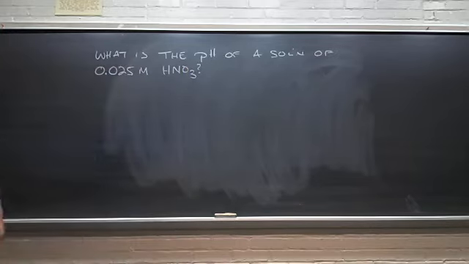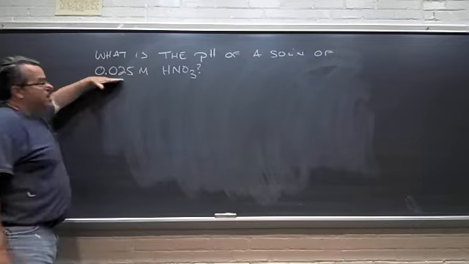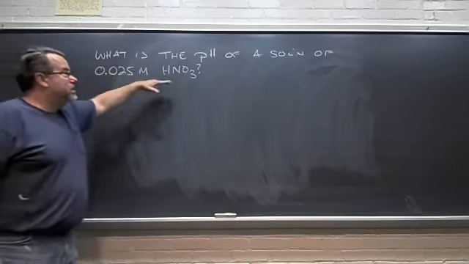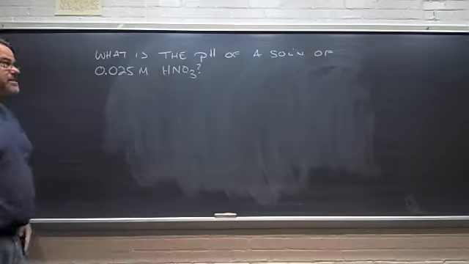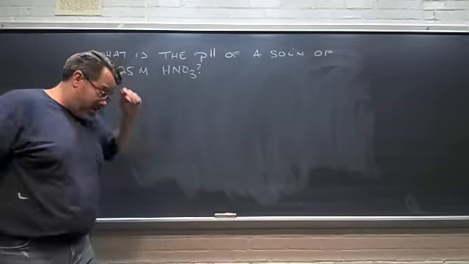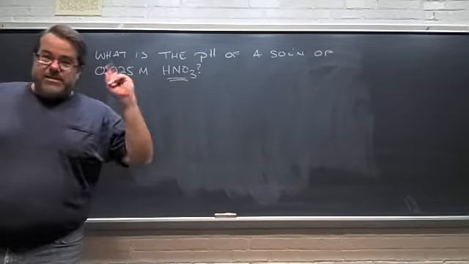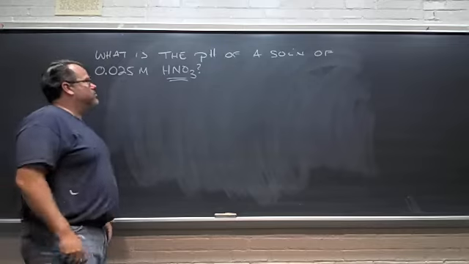All right, so the question is, what is the pH of a solution of 0.25 molar HNO3, or nitric acid? When you get a problem like this, the first thing that should happen is you see nitric acid and you say, I know that one. That is a strong acid.